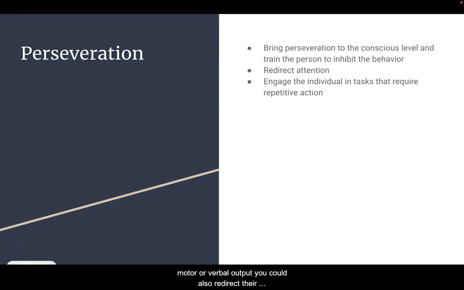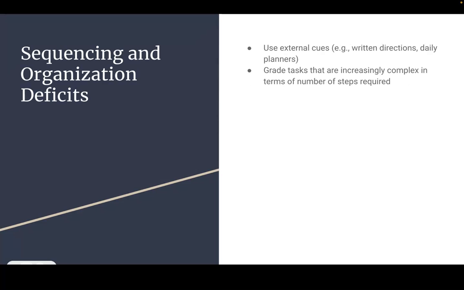You could also redirect their attention or engage the individual in a task that requires repetitive action to break the perseveration of the motor task. Sequencing and organization, you might use external cues such as written directions and daily planners, and you might grade the tasks that are increasingly complex in terms of numbers of steps required.